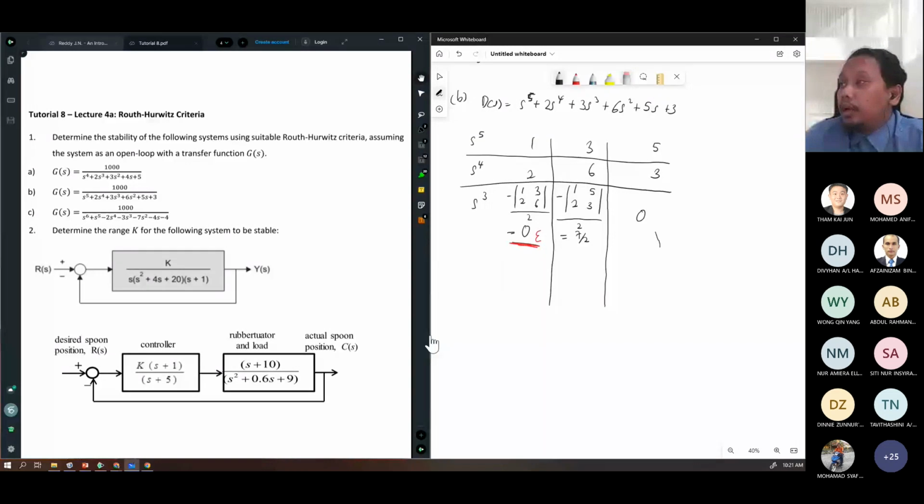But that way maybe involves a lot of calculation to some of you, but there is another way, which is by reversing the coefficient of the denominator. That's an alternative way to do this. So let's reverse the coefficient, which is a lot easier.